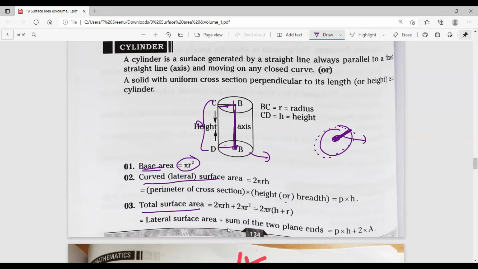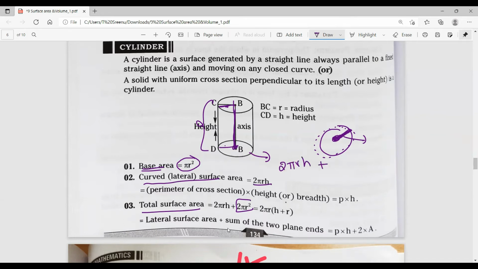Curved means except the two faces, top and bottom. We should not add the top and bottom. For total surface area, we should add the top and bottom parts. Here, curved surface area is 2 pi RH.